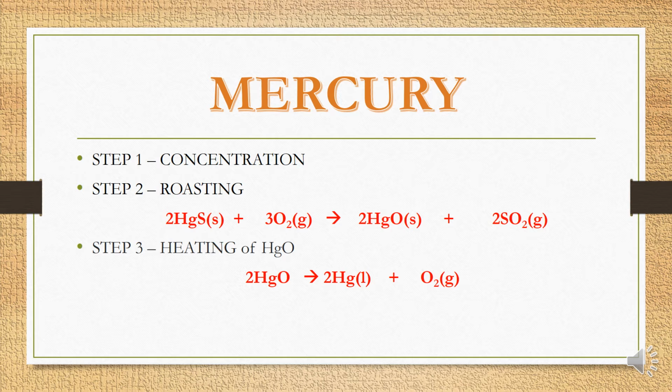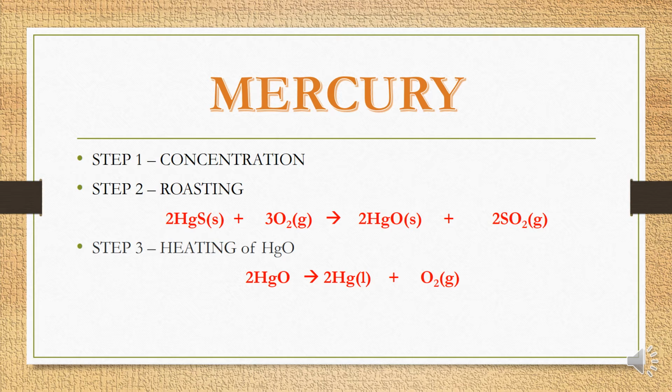What will happen in the roasting process? The sulfur present in any sulfide ore turns into sulfur dioxide and escapes from the ore, whereas the ore will be converted into its oxide.